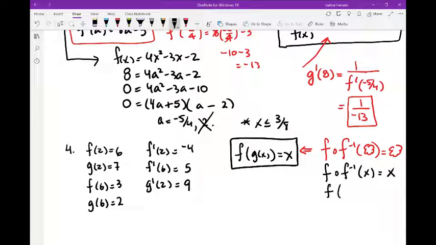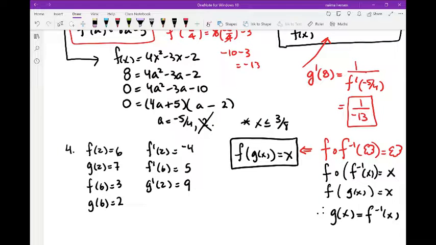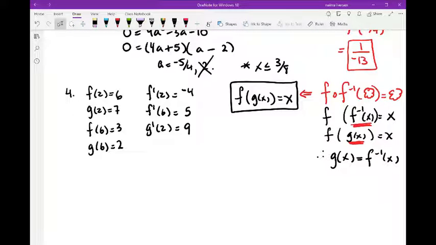What this question is saying is that f of g of x is also equal to x, and what you can conclude from that is that g of x is equal to f inverse of x, because they're doing the same sort of thing, right? Whether I write it like this or like this, it doesn't really make a difference, but what this is telling us is that these two things are going to be the same. It's another way of showing that the two functions are inverses of each other.